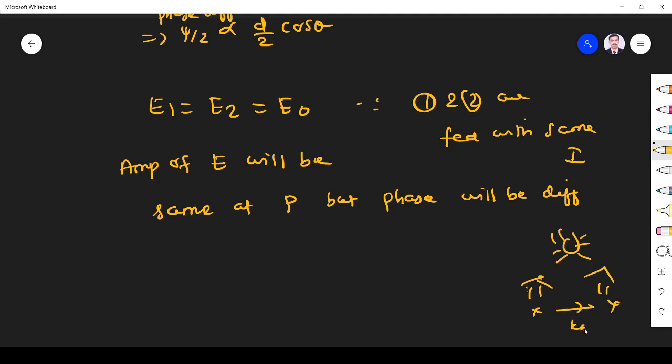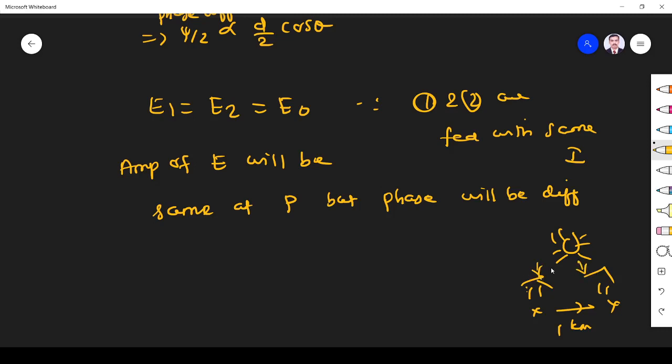The distance between them is 1 kilometer, but this distance is very small compared to the distance between the earth and the sun. So the persons in houses X and Y will feel the same temperature, which means the amplitude of the temperature is the same. But here the radiation may come after some time, and there it may come slightly later.